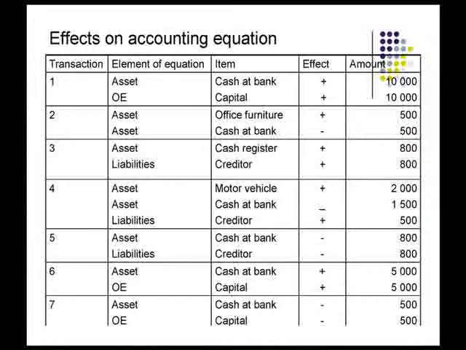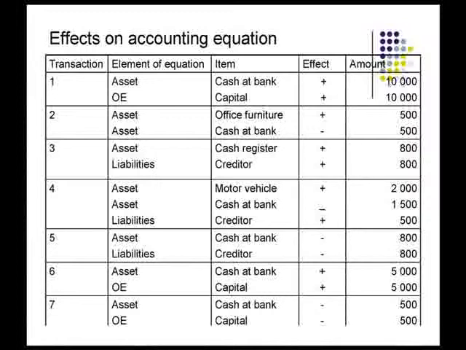What is next? Owner brings 5,000 kina as an additional capital. The 10,000 he introduced at the beginning is not sufficient, so therefore he brought another 5,000. Same transaction, similar to first one. Capital increased by 5,000 and cash at bank increased by 5,000.